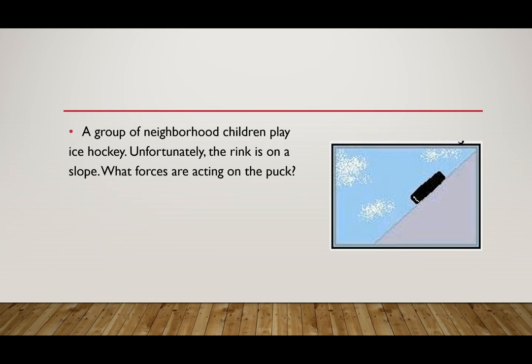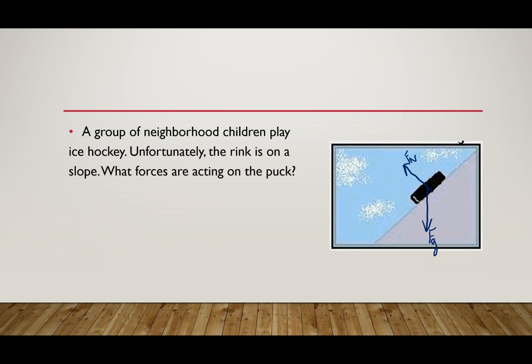So in this case, we have our ice puck, or our hockey puck. Our hockey puck is sitting on the ice, and our ice rink is at a slope. What are the forces acting on this puck? Well, one thing you need to realize is that you always have your force of gravity, and it's always directed towards the center of the earth. And then you have your support force, which is your normal force, and that's going to be perpendicular to your surface.